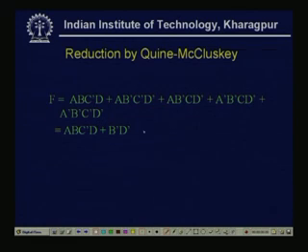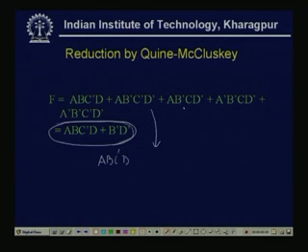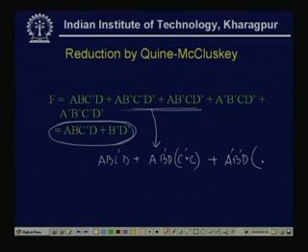See, we keep the first term A B C' D as it is, because there is no common term with the others. For the next two, B' C' D' and B' C D', A B' D' is common, so I can take C' plus C. Similarly, for the last two min terms, I can take A' B' D', A' B' D', again this will be C plus C'.